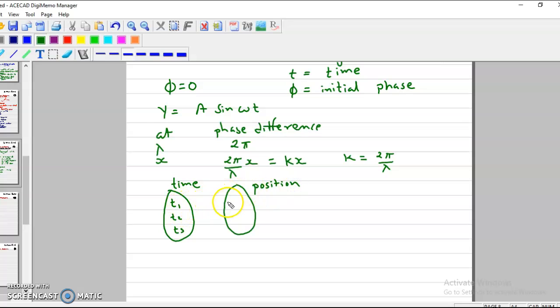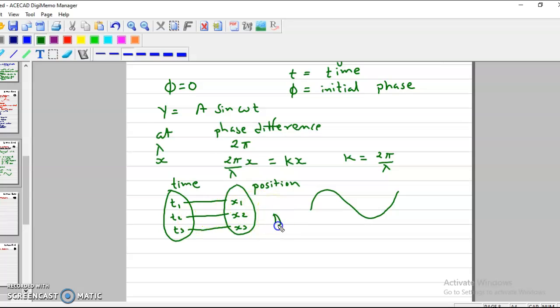Suppose at time T1, the position of the particle is say x1. Obviously this is a wave, and in this wave the particle continuously moves from one end to another, and that is why the position will change. If it is T2, the position may be x2. If it is T3, let us take x3. That means one time has a relation with one position. So time and position are interrelated, and it is a 1-1 relation.